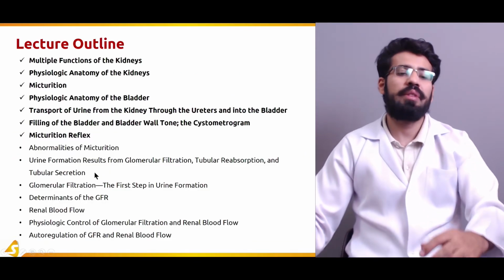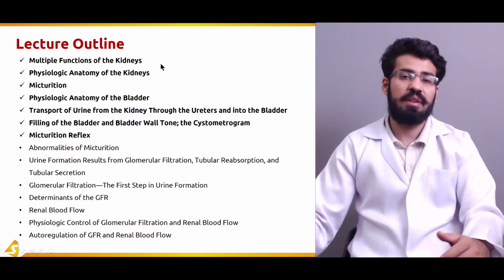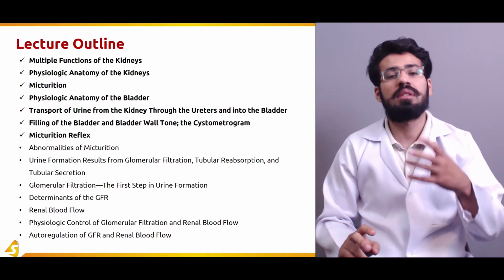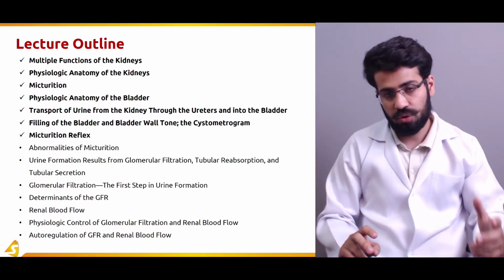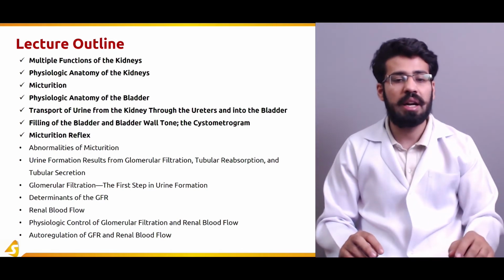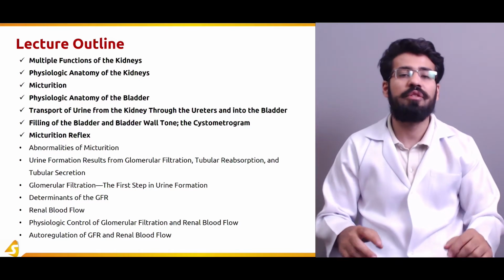So up till now we have discussed the multiple functions of the kidneys. We have discussed the physiologic anatomy of the kidneys. We have discussed the structure and functional unit of the kidney, which is the nephron. We have discussed the urinary bladder as well, the physiologic anatomy of the bladder. We have discussed the process of micturition.